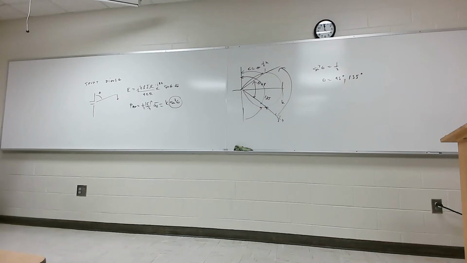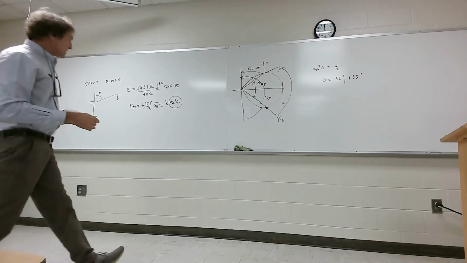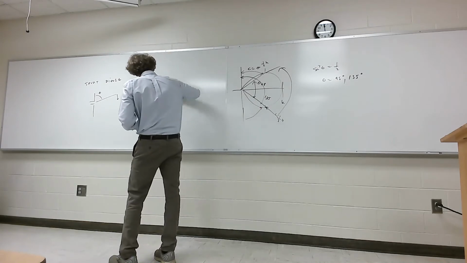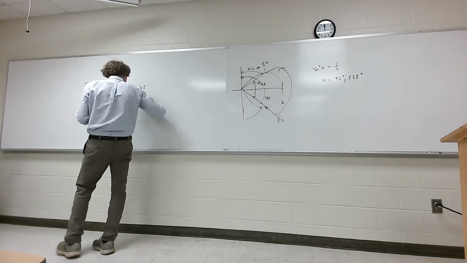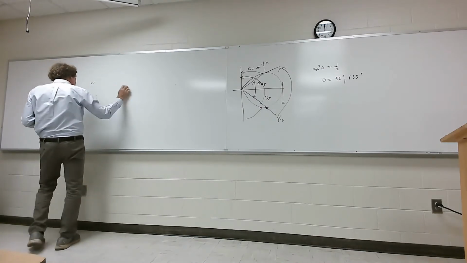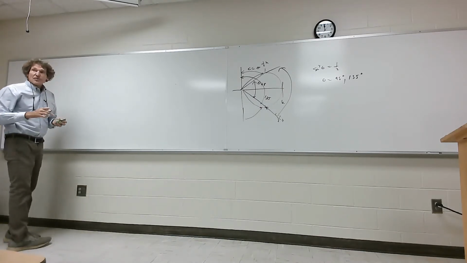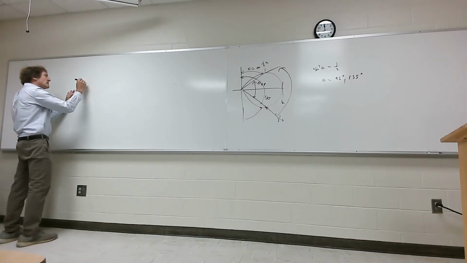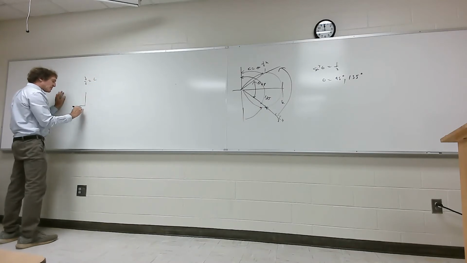If you have something with a more complicated function, and this is what you asked me about, let's do the half-wave dipole. This is a lambda over 2 length dipole.